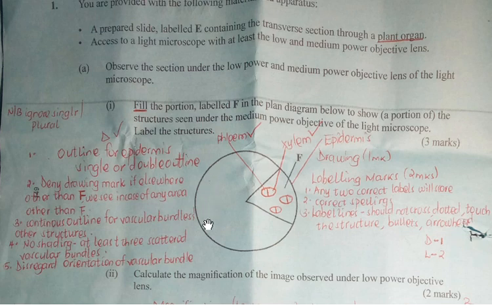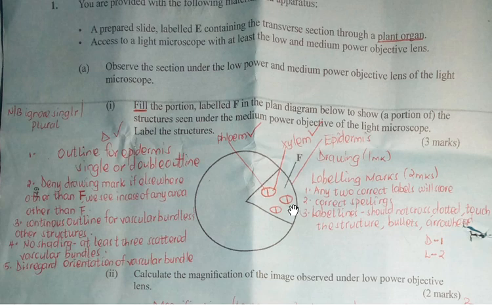The portion was here as seen under the field of view, then it cuts across here. Then what was observed? It was the xylem and phloem. So the student needed to draw this xylem and phloem.